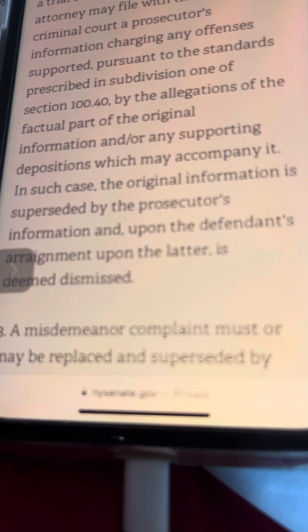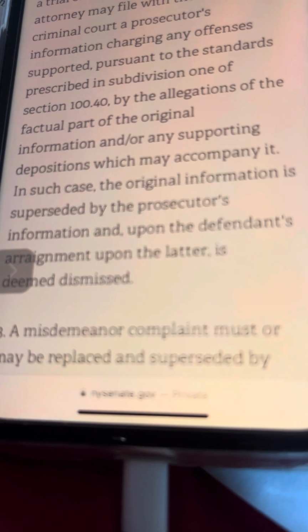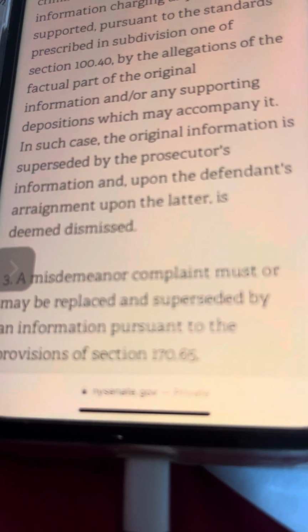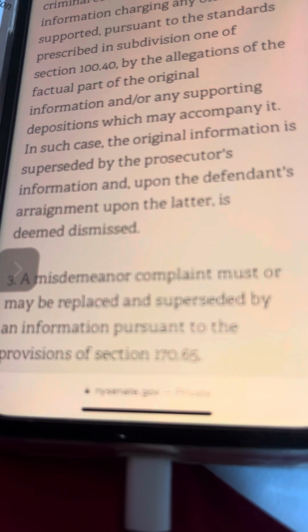In such cases, the original information is superseded by the prosecutor's information, and upon the defendant's arraignment upon the latter is deemed dismissed.